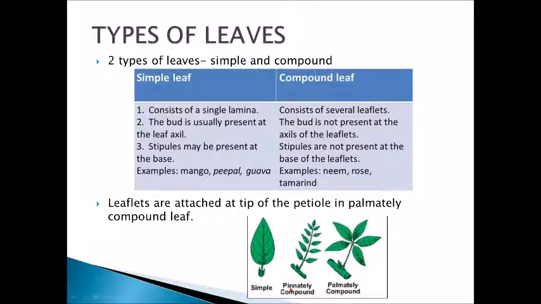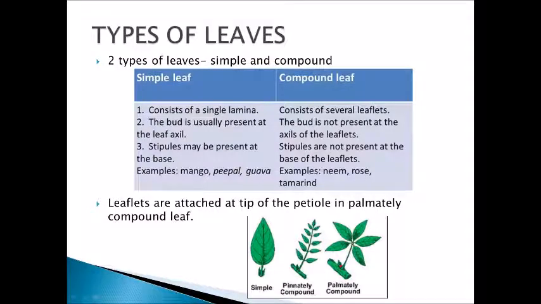Pinnately compound leaves have their arrangement on both sides of the midrib. Here you can see this is the midrib, and on both sides the smaller leaflets are arranged. But in palmately compound leaf, the leaflets are attached at the tip of the petiole.